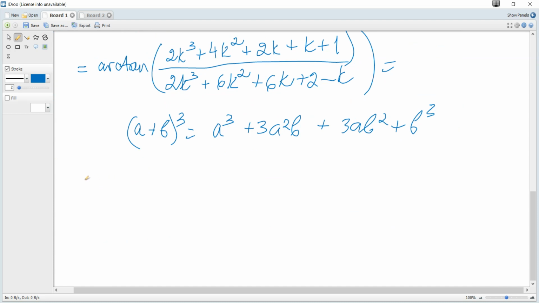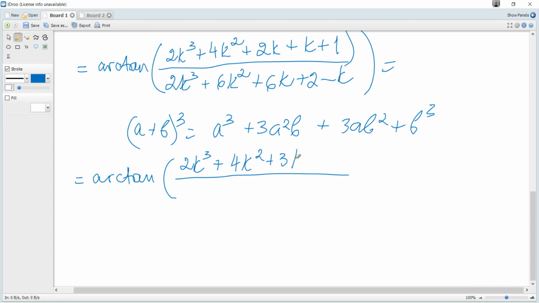And it is equal to arctan of 2k cubed plus 4k squared plus 3k plus 1, and the denominator becomes 2k cubed plus 6k squared plus 5k plus 2.